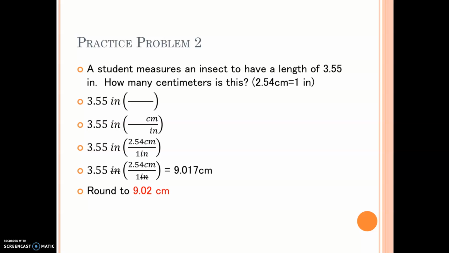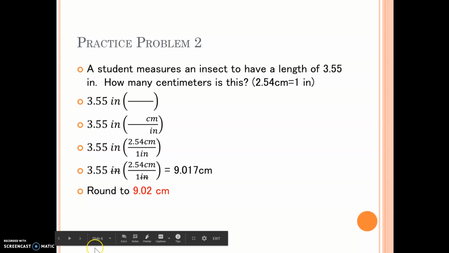So our calculator answer in this case is 9.017 centimeters. But we have to consider significant figures. Our given value was 3.55 inches. This has 3 significant figures in it, so our answer must have 3 significant figures. Therefore, we are going to round our calculator answer of 9.017 centimeters to 9.02 centimeters.